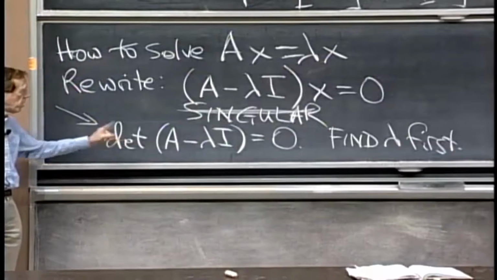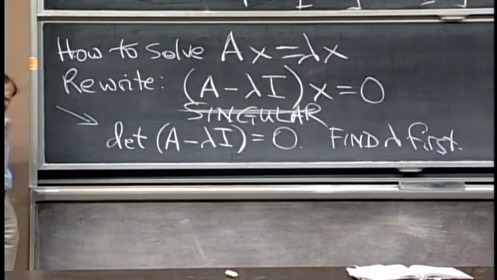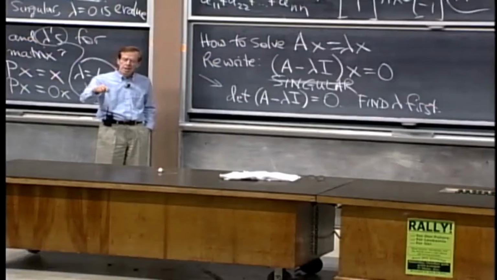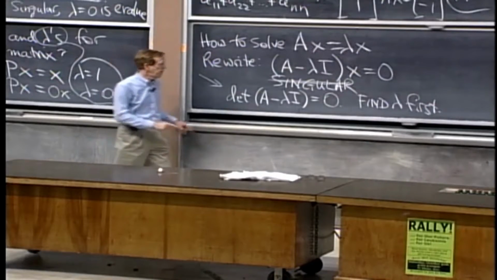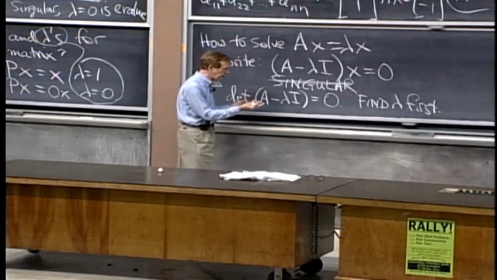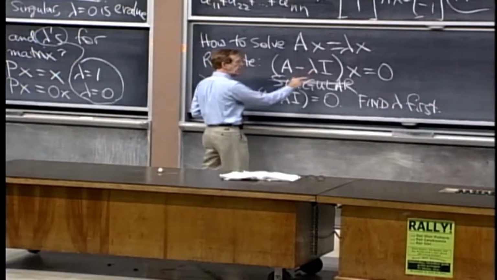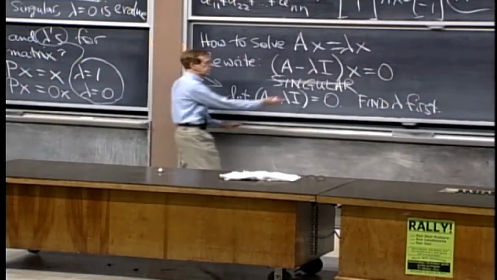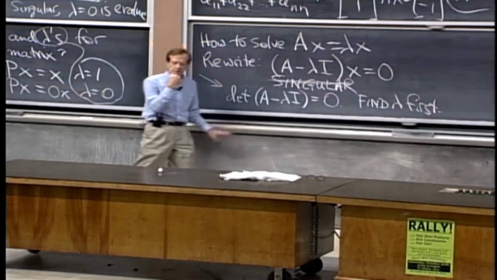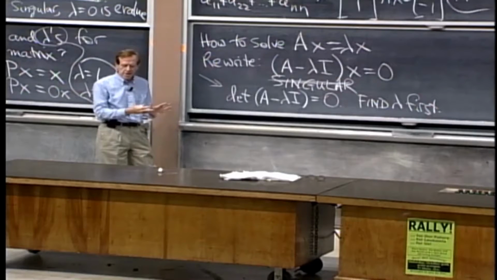Okay, and after I found this lambda, can I just look ahead? How am I going to find x? After I have found this lambda, the lambda being one of the numbers that makes this matrix singular, then of course finding x is just by elimination, right? Now I've got a singular matrix.